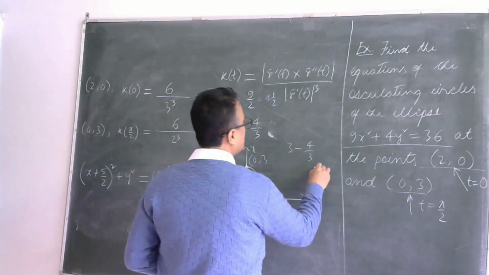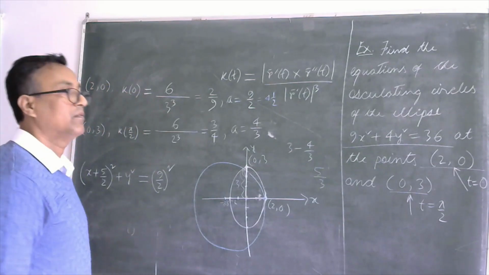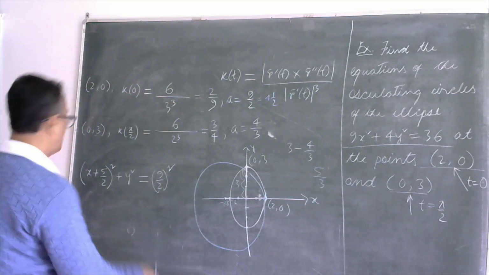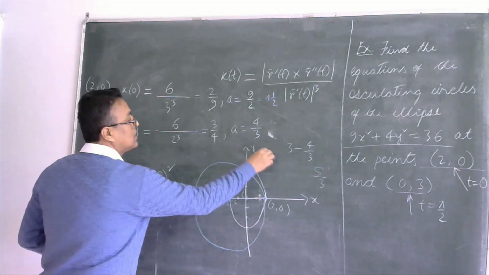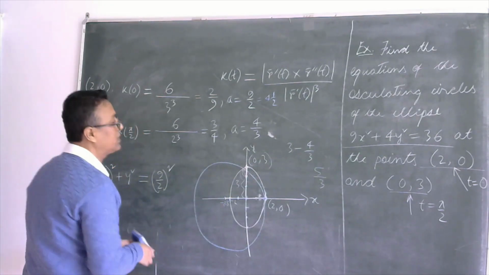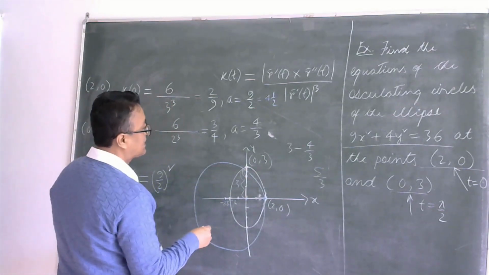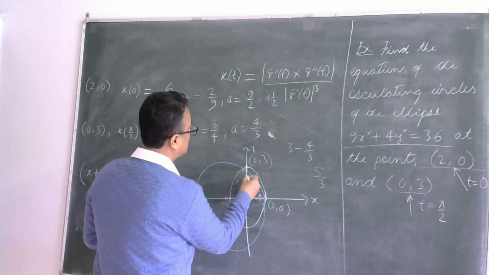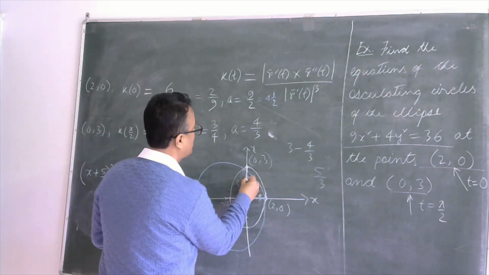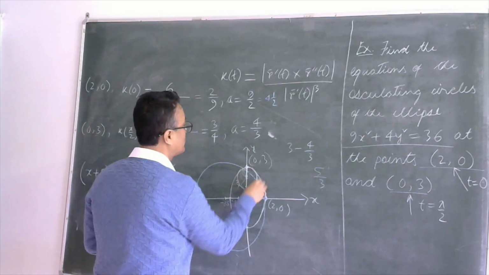So it is going to be 5 by 3. Okay, so the osculating circle corresponding to this point is going to have its center at (0, 5 by 3), somewhere here, and you are going to get something like this.